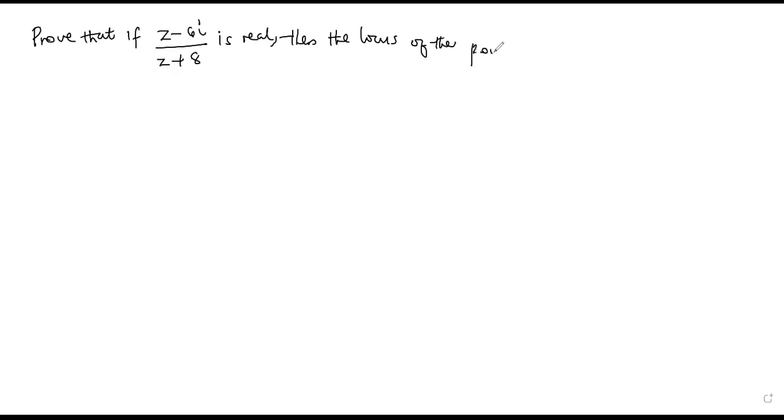Prove that if (z minus 6i) over (z plus 8) is real, then the locus of the point representing the complex number z is a straight line.